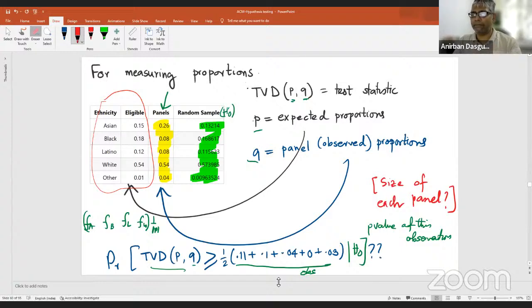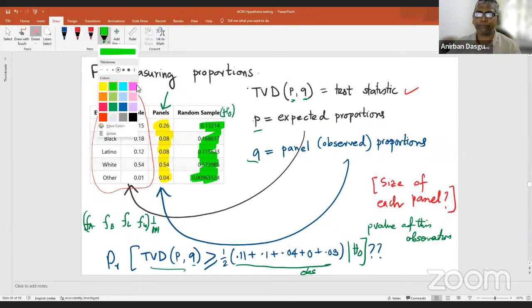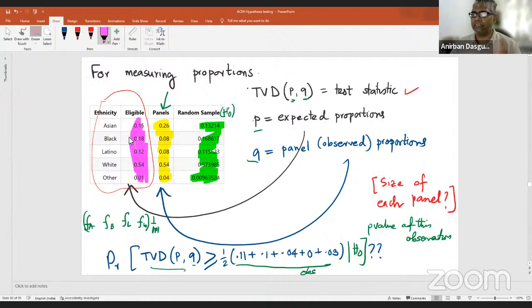In this setup, the fairness, what we say is that my test statistic is the total variation distance between two distributions, specifically between the expected proportions, which is the eligible fraction, and the observed proportions, which is the panel distribution. Between the yellow column and the pinky column, that is the test statistic.